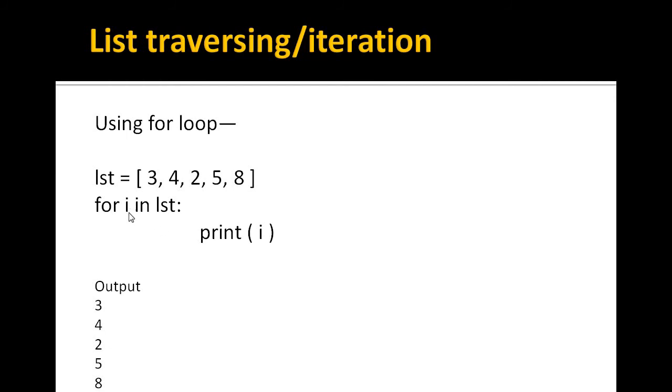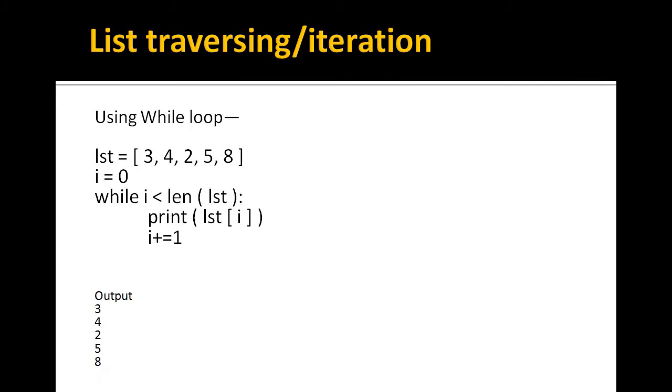Then i gets the next value 5, and inside this loop i's value 5 is printed. So all the values are printed for this list, and when the list does not have any other value left, this for loop exits. Now after exiting this for loop the program completes.